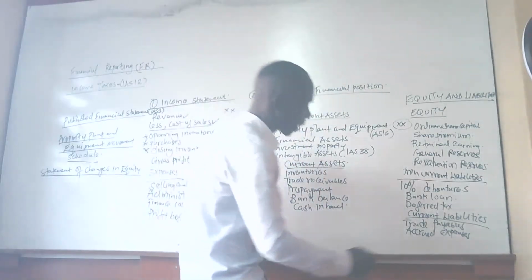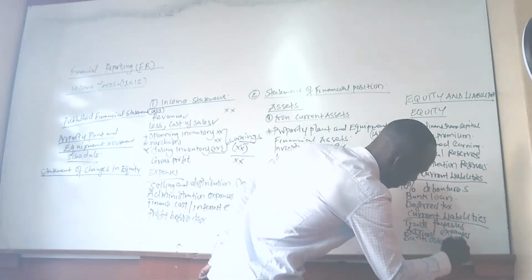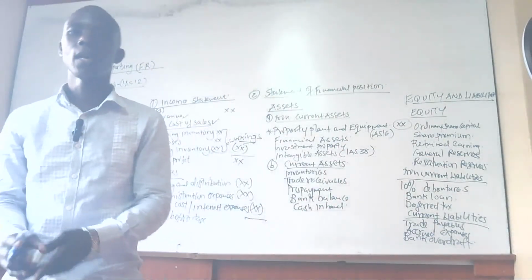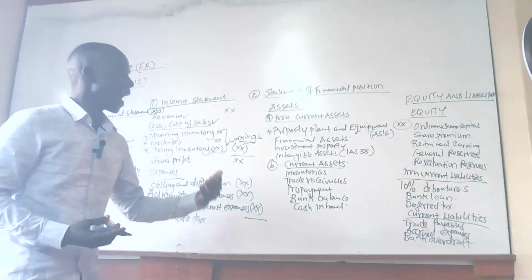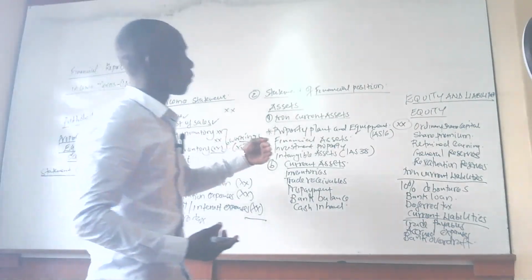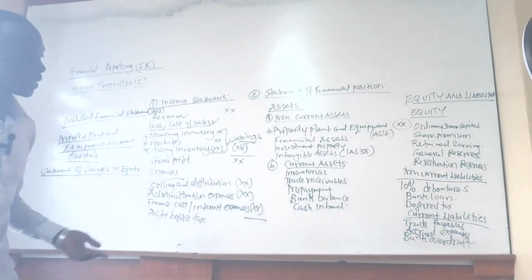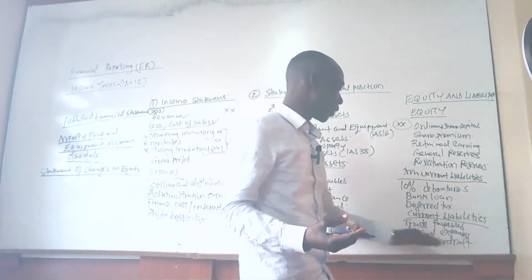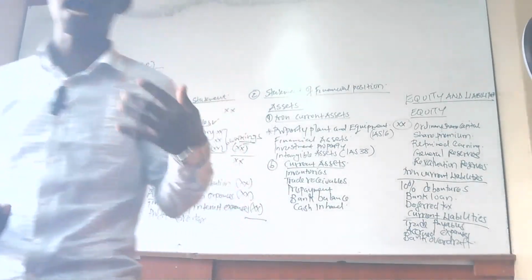Then other than that, we can talk about bank overdraft. When we talk about the bank overdraft, this is where, for example, a company has a low balance in the account, and the bank allows them to withdraw more than what they have in their bank account.